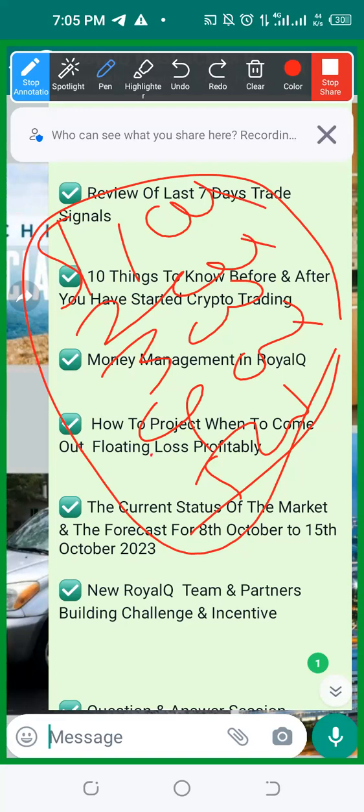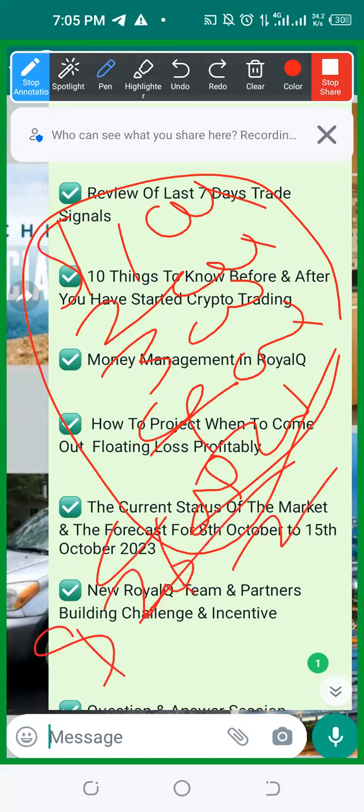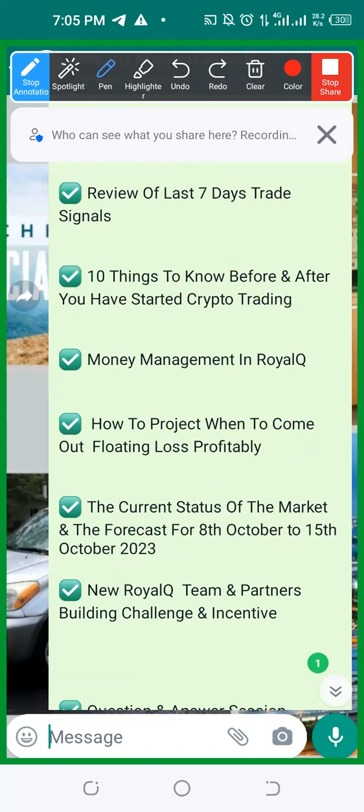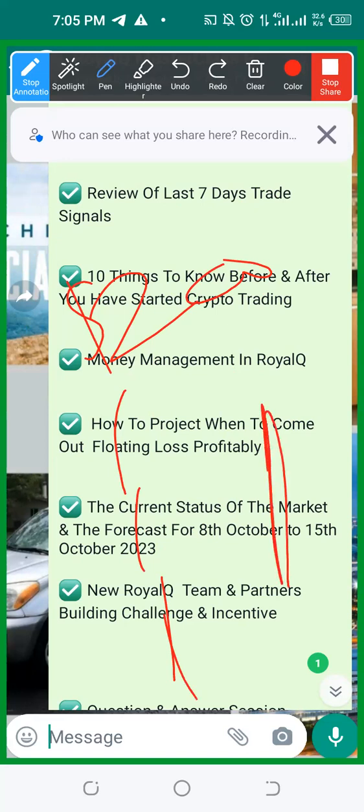Even if you have 400, I would suggest that you divide that 400 into 2. Go for $200 settings. Don't use $400 settings, please, so that in case the market goes against you, you still have like a $200 balance that you can use to open more margin calls, so that as the coin is in floating loss, you can still be making money.